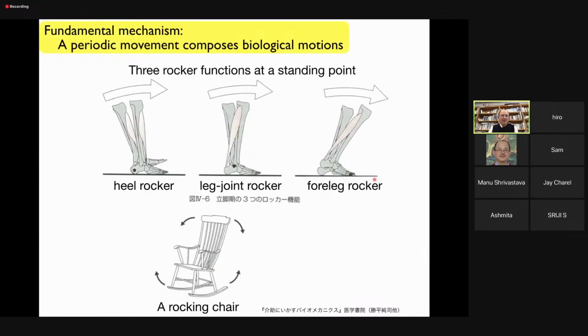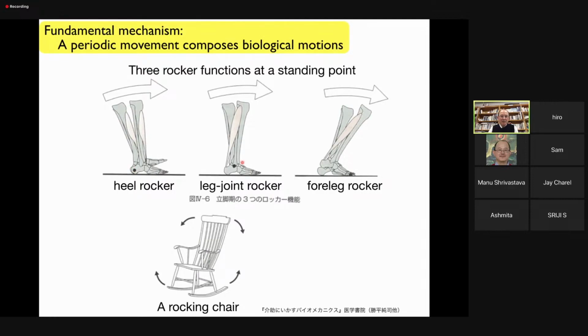This is a periodic movement composed of the body motion. Three local functions are called. Then there are some constraints of the bone and the muscle. Heel rocker is generated at the point attached to the ground, and then the rotation happens.